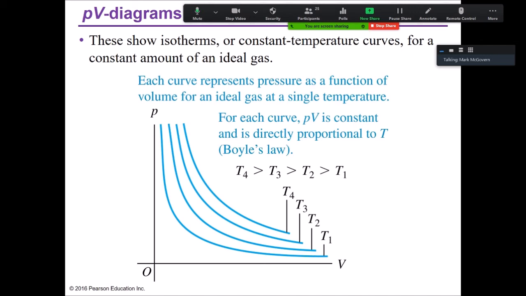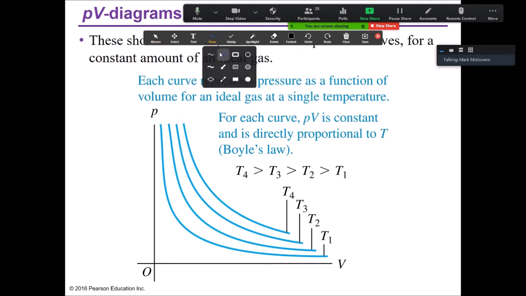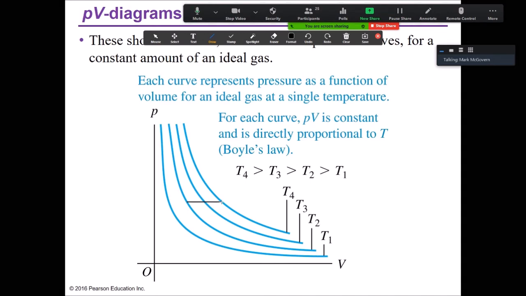If you're looking at a bunch of isotherms, it's very easy to figure out what's a higher temperature and what's a lower temperature. And if you move around on here, which we're going to see a lot of when we look at thermodynamic processes, say we have an isobaric process, so we don't change our pressure at all, and then we increase the volume, we go from one isotherm to another one, and that means the temperature is going to go up if we kept pressure the same.